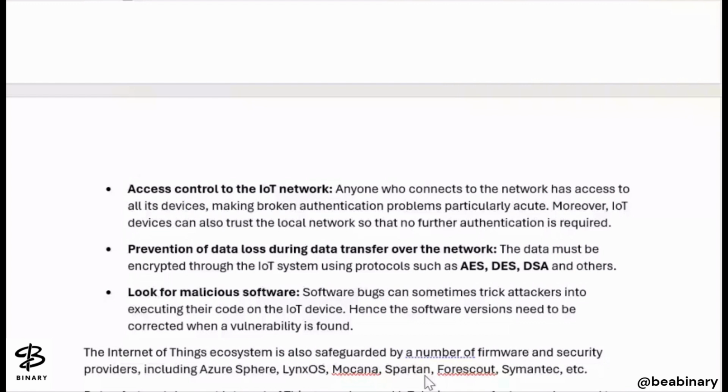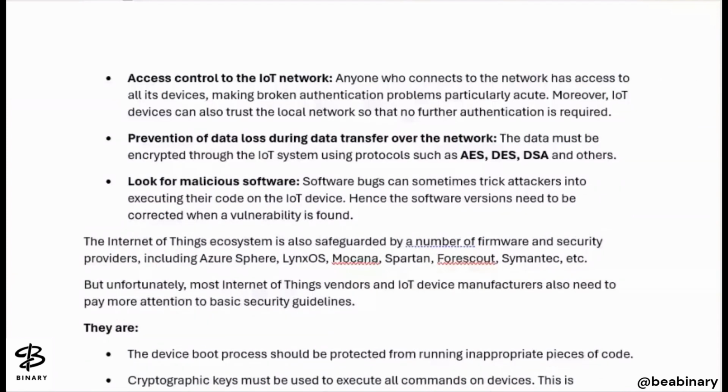So in three ways we studied sensors, four types. Now we are going into detail about the IoT ecosystem. We have talked about the four types of sensors, and then how security will be maintained. Along with this, the IoT ecosystem is safeguarded by a number of firmware and security providers.